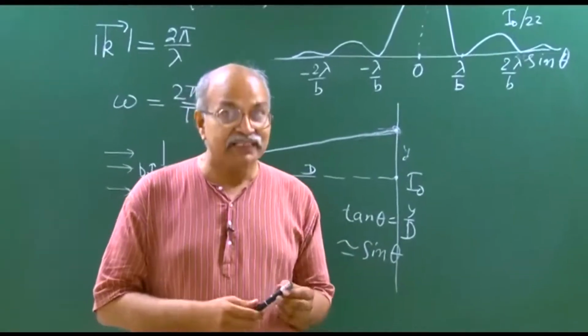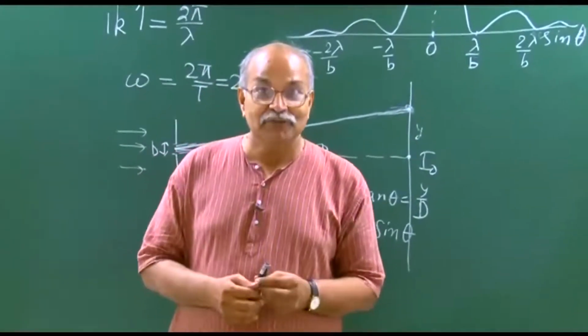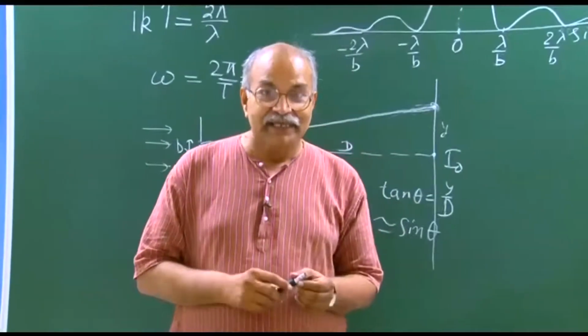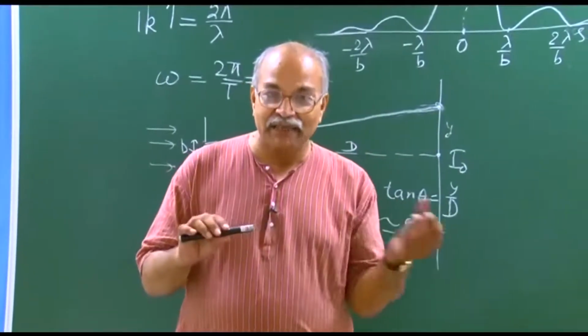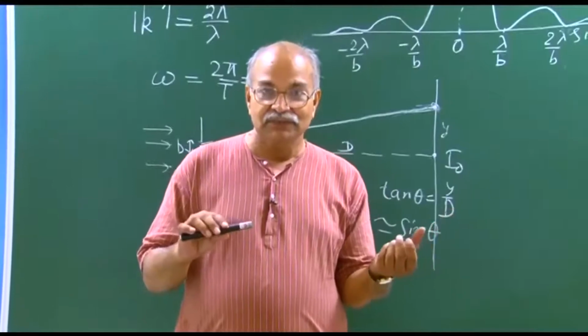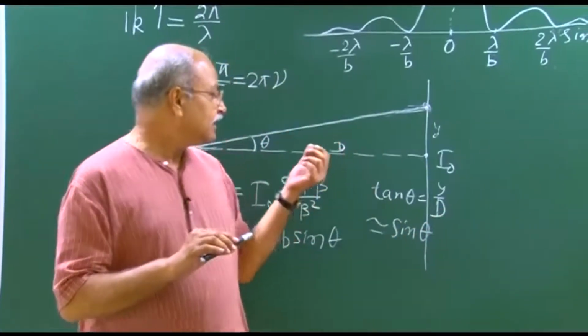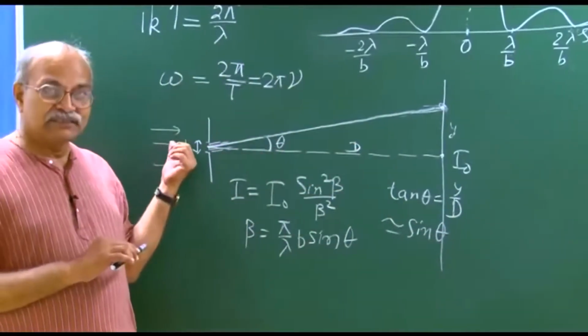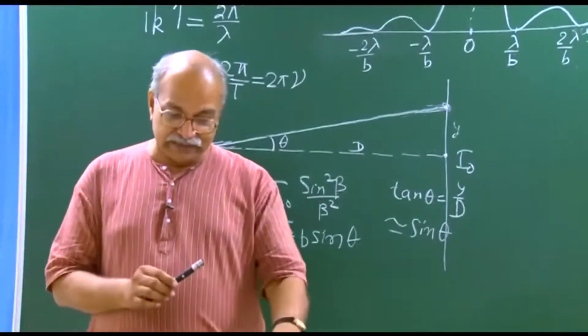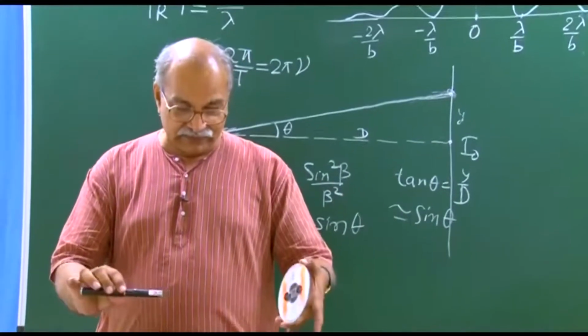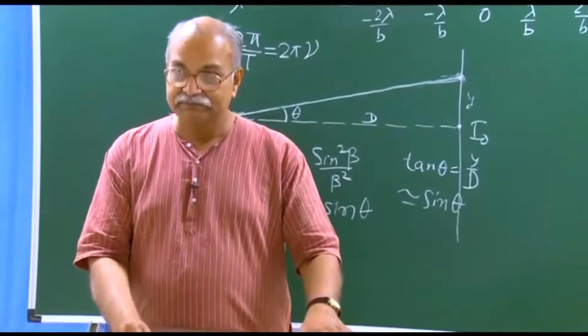So the diffraction experiment should be done with a monochromatic source of light, and this anyway gives very nearly parallel beam, so we don't have to do anything for making the beam parallel. Okay, so we will set these 2 things and then we will see how the light goes.